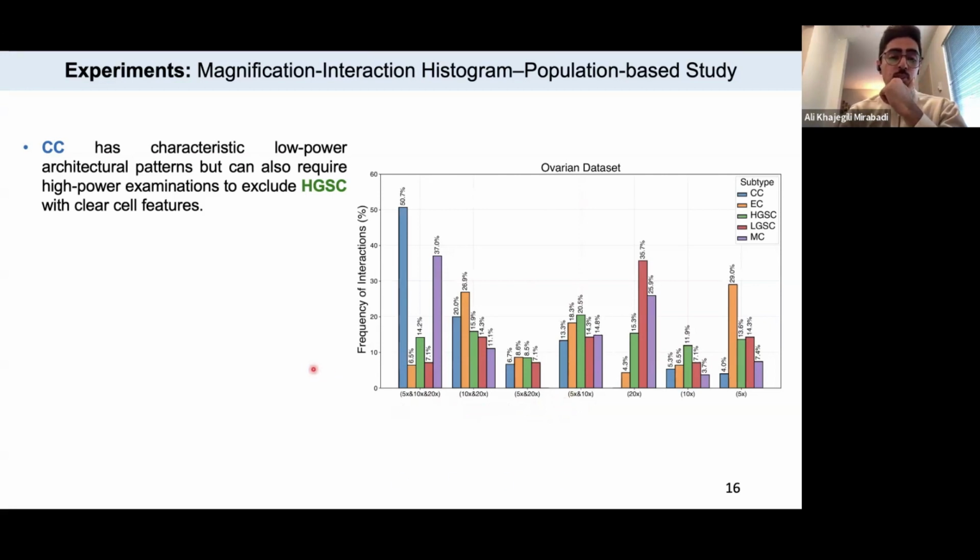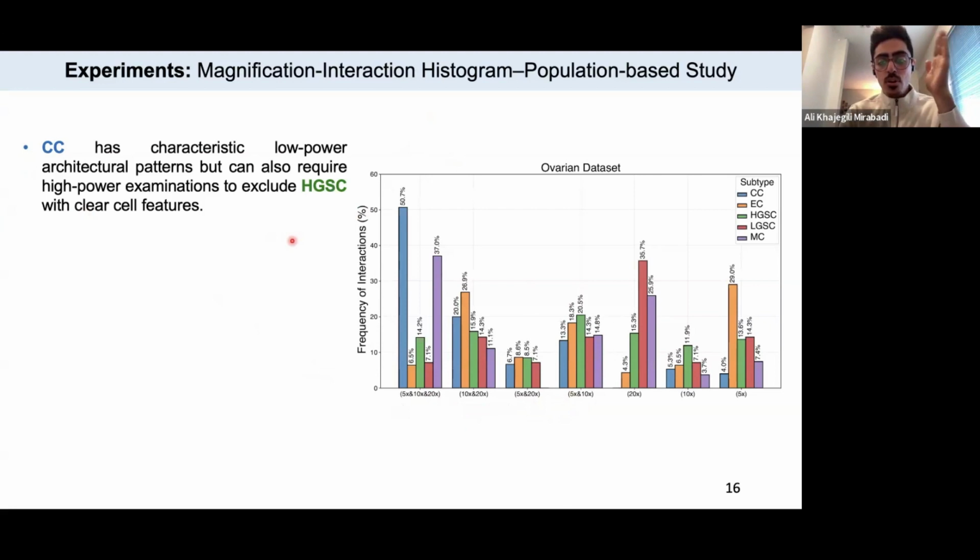And these are the information that the pathologist gave me, that the clear cell carcinoma has characteristic low power architectures, but it needs to be excluded from high-grade serous carcinoma.